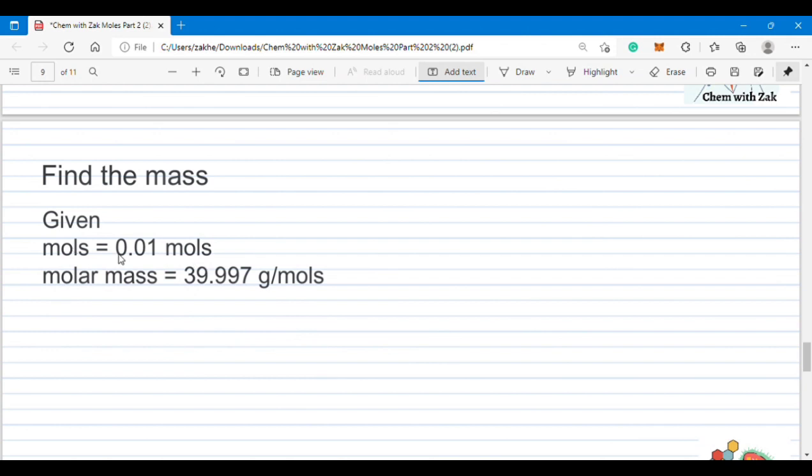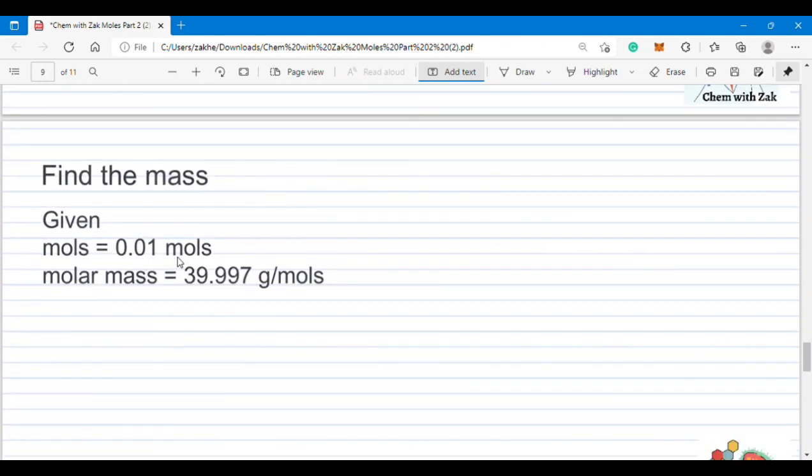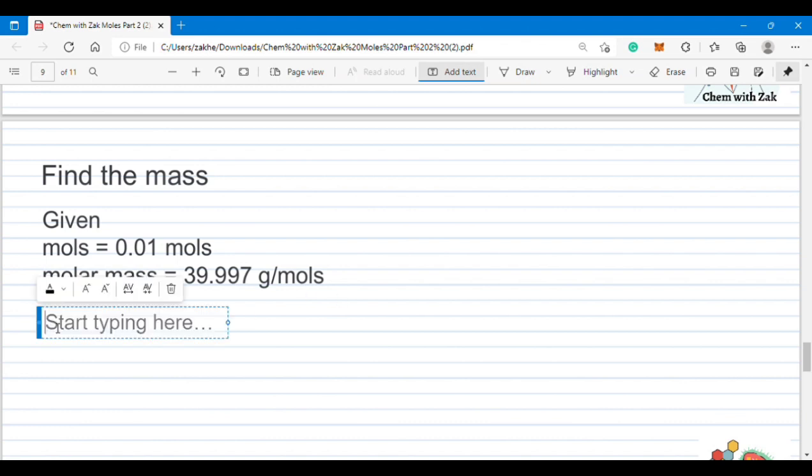Now that we have found the moles of sodium hydroxide, we can now find the mass. And we are given the moles as calculated previously, 0.01 moles, and the molar mass of sodium hydroxide, which is 39.997 gram per mole. Now we can use the mole equation with the mass divided by the molar mass.